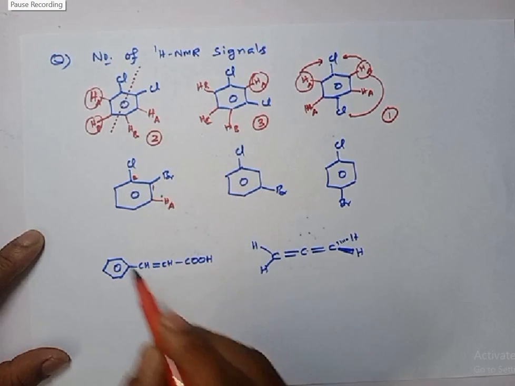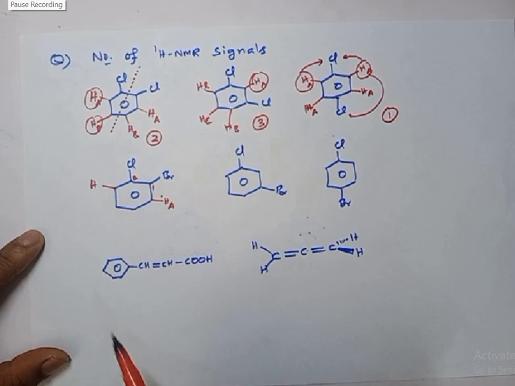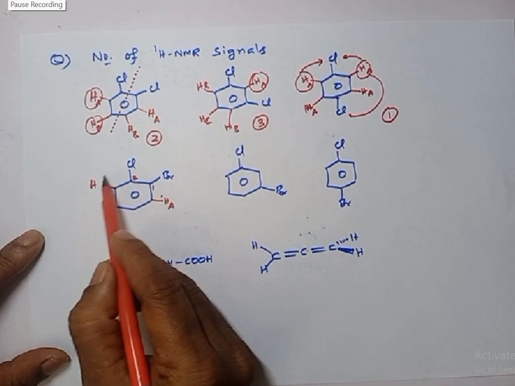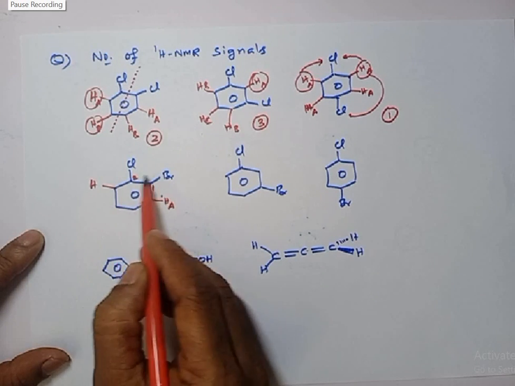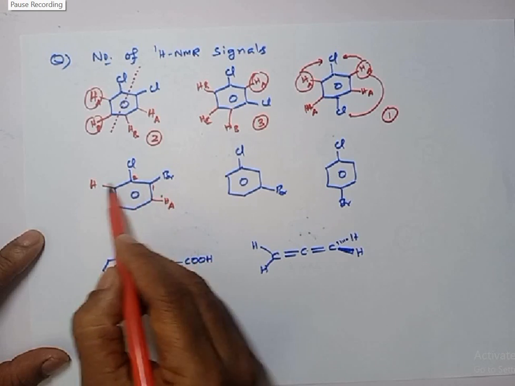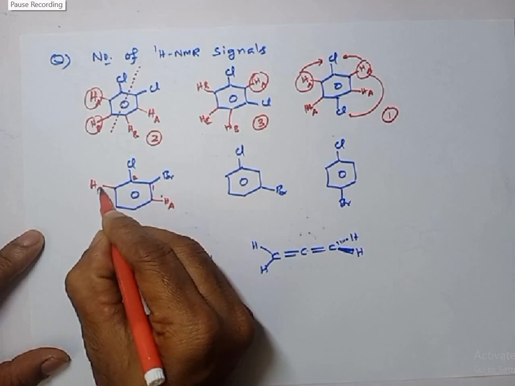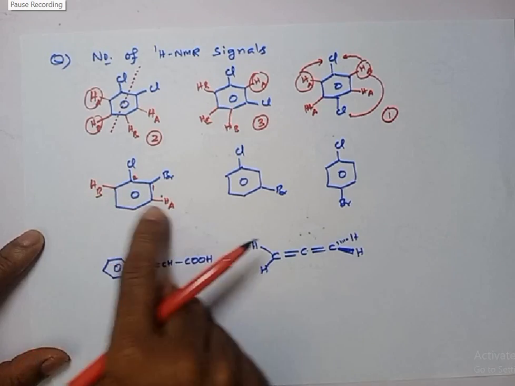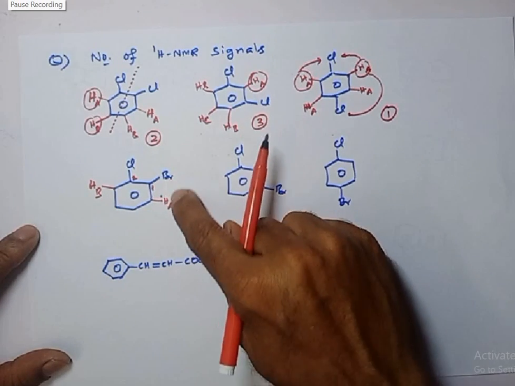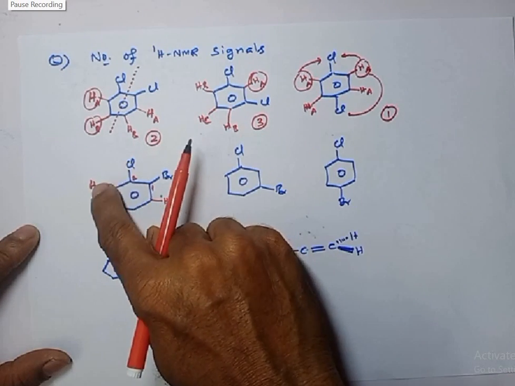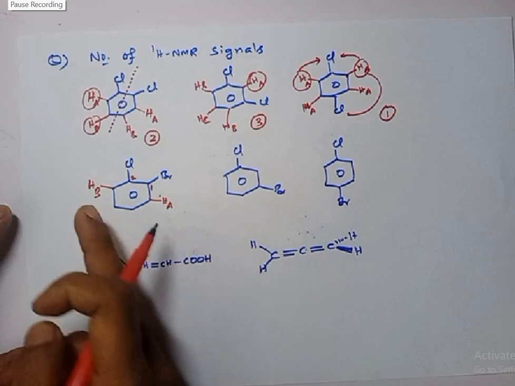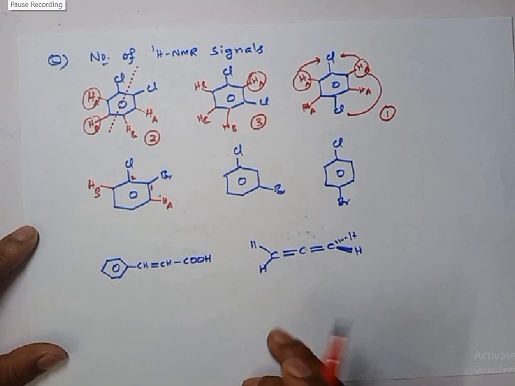Let me take HA. And what about this hydrogen? Listen, this hydrogen is close to chlorine, but away from bromine. It is like meta from bromine. So this hydrogen is different. These two hydrogens are not in the same environment. This hydrogen is close to bromine, whereas this hydrogen is close to chlorine. They are in different environments, so they will give different signals.